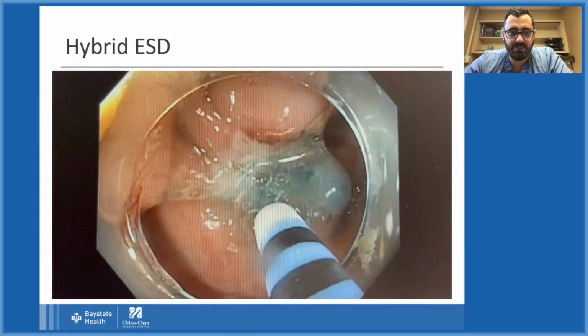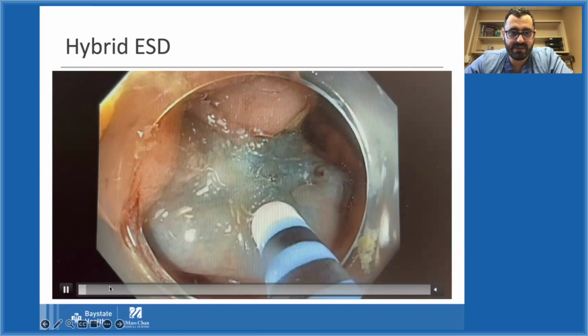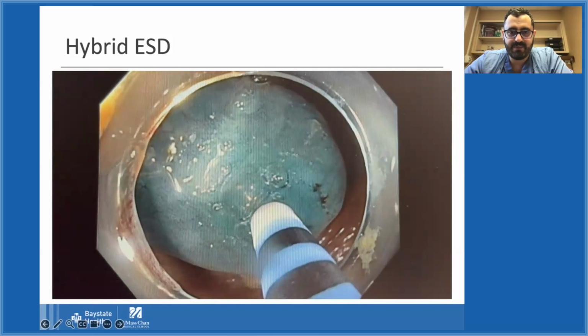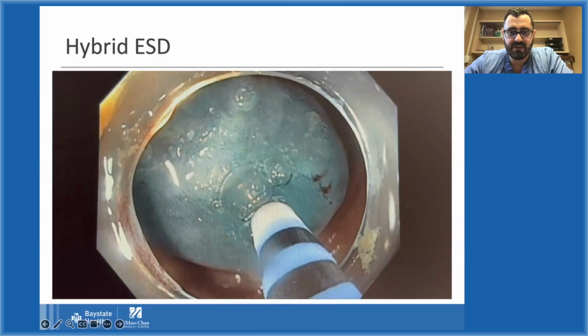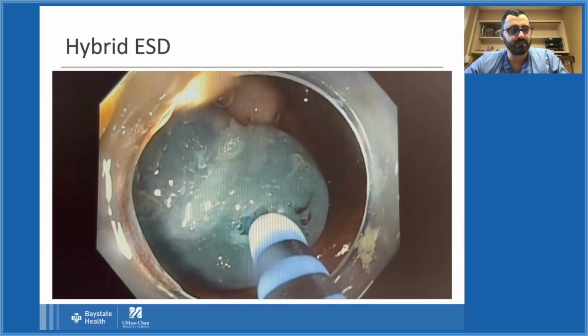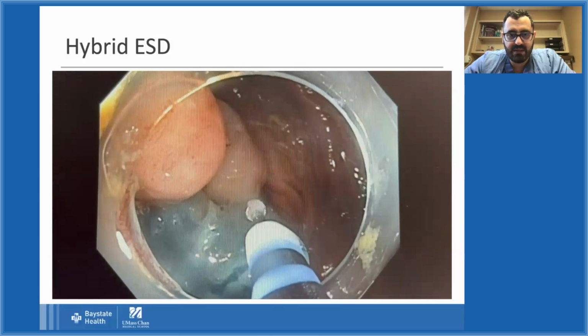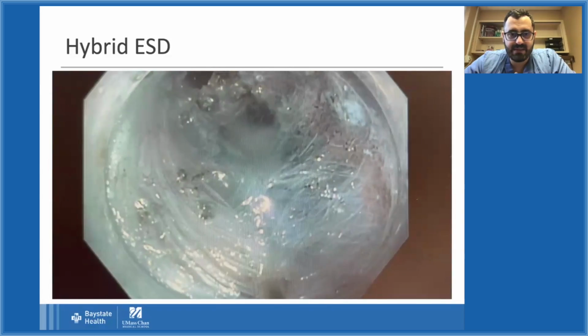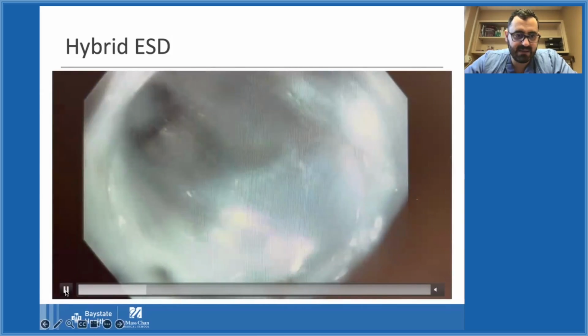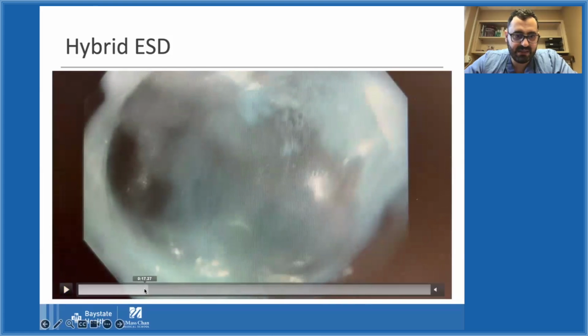You can see how bulky the polyp is. I'll keep cutting. And now I'm in the submucosal space.